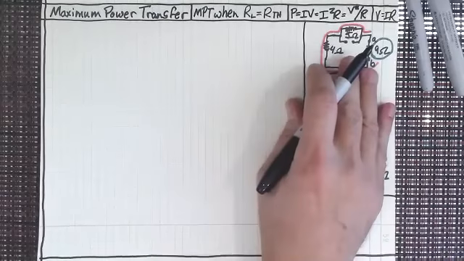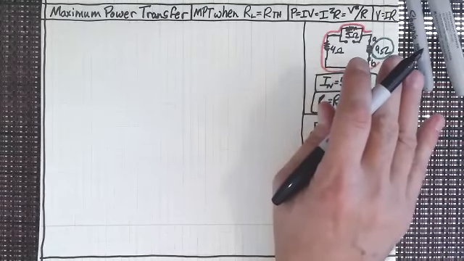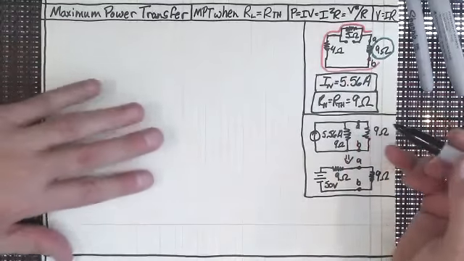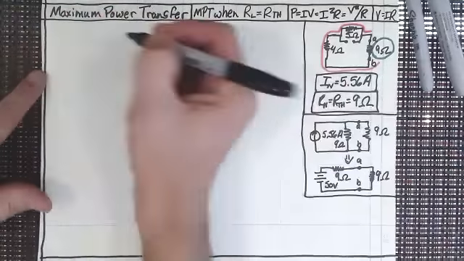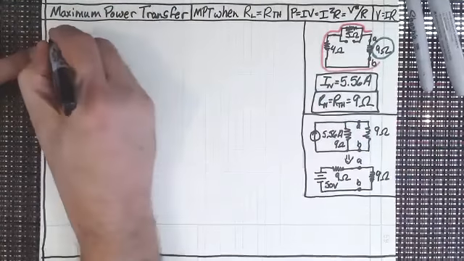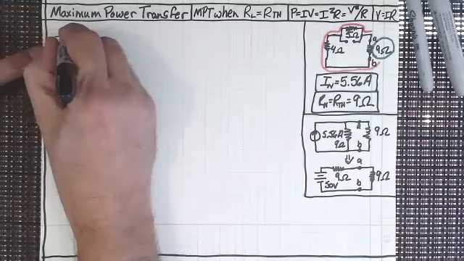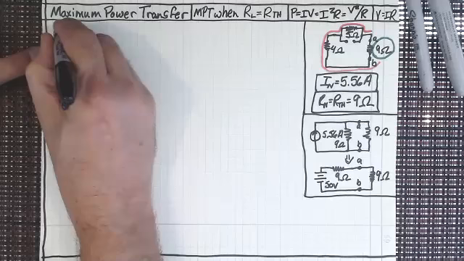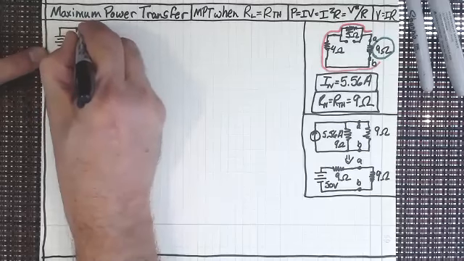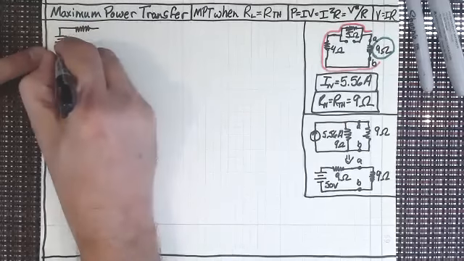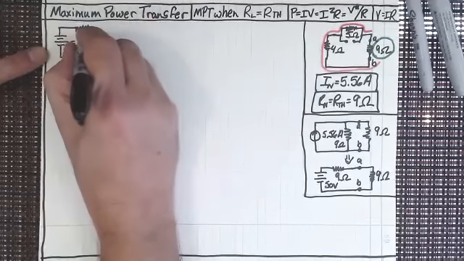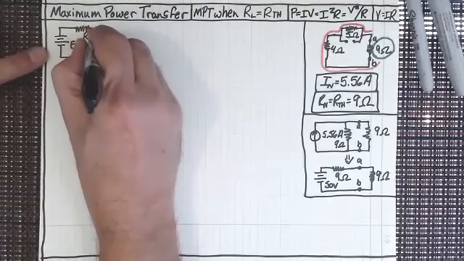Let's just look at a circuit first, where I've already changed it into its Thevenin equivalent circuit. So this is going to be E Thevenin's, and this is going to be R Thevenin's.